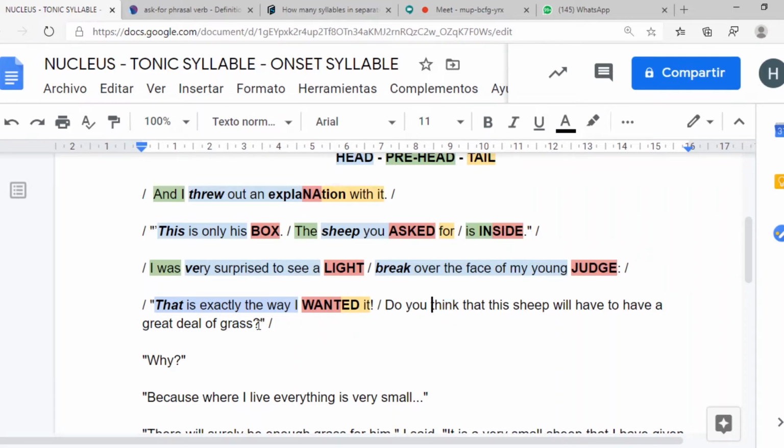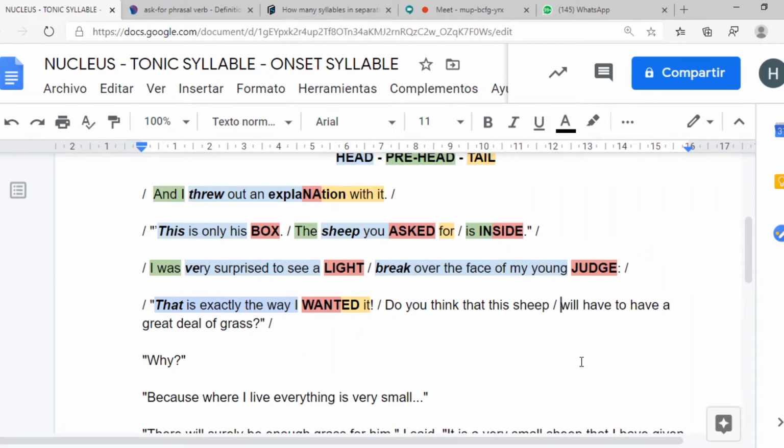So from here up to of, you will have your head, and you, this is just a pre-head. Okay, I will prefer to separate this sentence here.